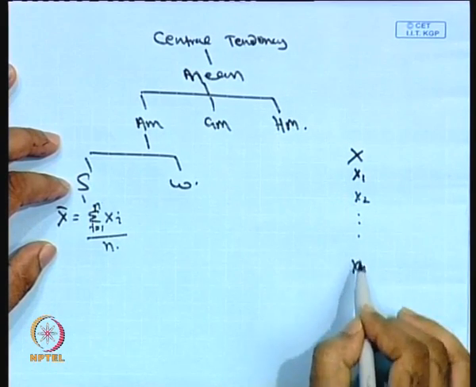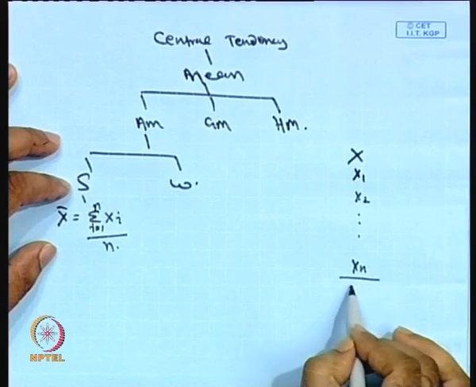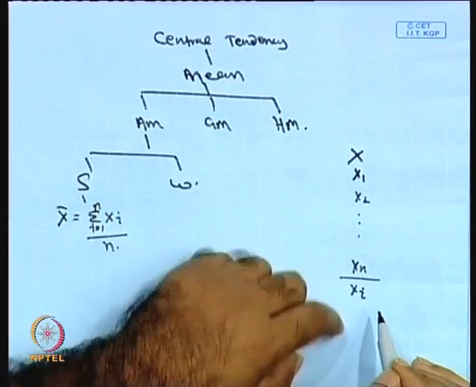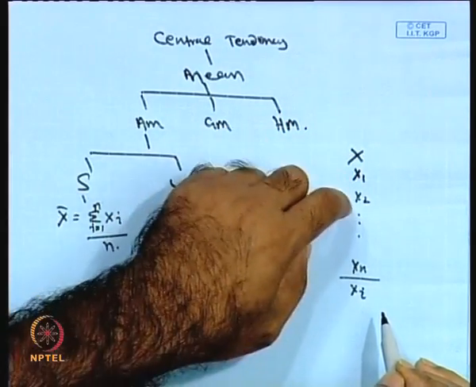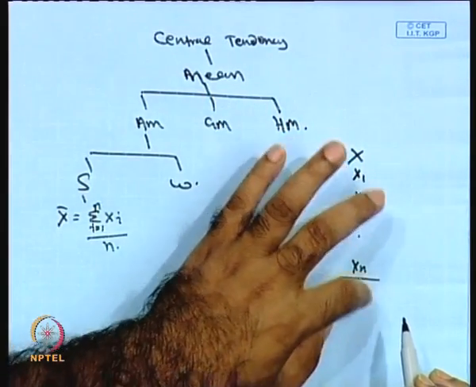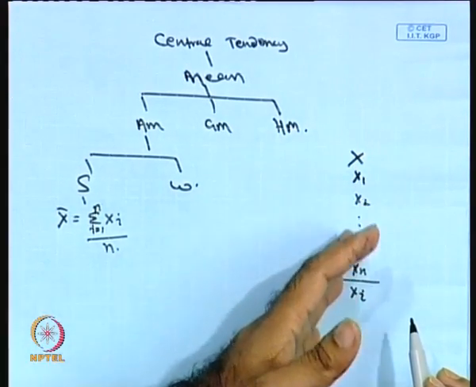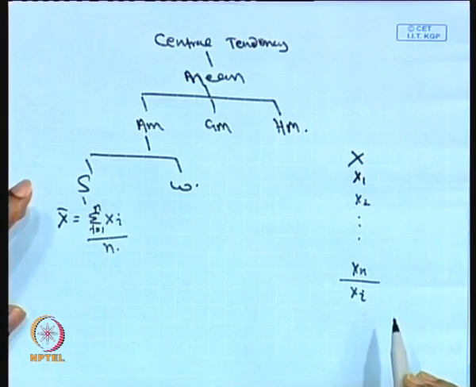It is otherwise represented as xi. When i equal to 1 it becomes x1, when i equal to 2 it becomes x2, when i equal to 3 it becomes x3, and when i equal to n it is xn. So, that means one variable has n number of information or observations.